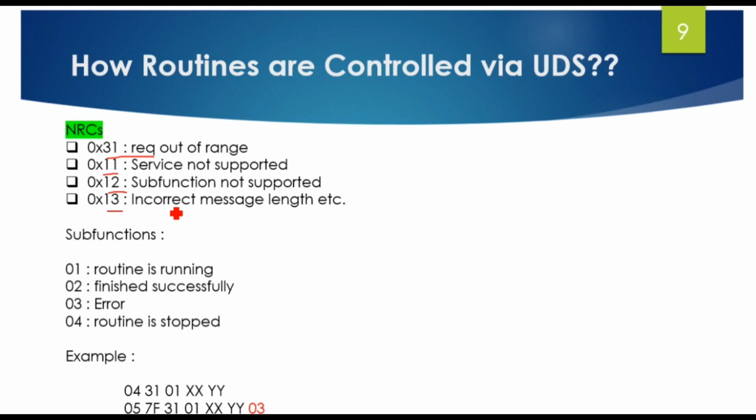Okay, so let's say I have started a routine. I am giving a start routine request 3101. In response, if there is any error, then I will get 7F3100 and then a code like 03. It denotes that due to some error, it is not okay. So these are the NRCs of routine control.